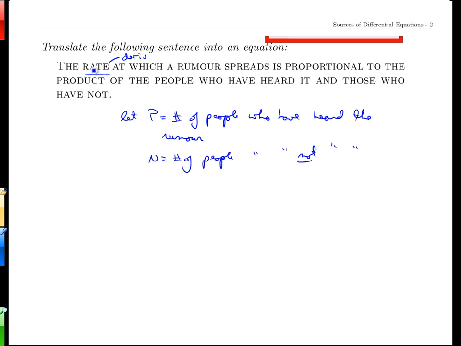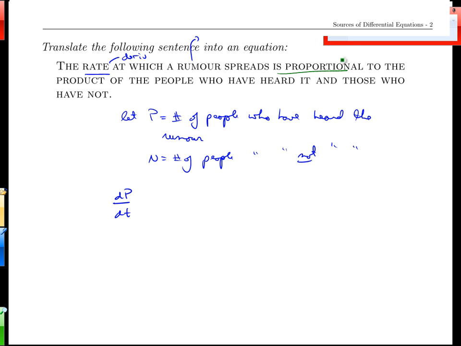What we're talking about when we talk about the rate at which a rumor spreads, well, you're talking about a derivative, but the derivative of what? What you're talking about is increasing P. As a rumor spreads, more people have heard it. So our differential equation is going to be defined by the rate of change of the number of people who have heard the rumor, or the derivative of P.